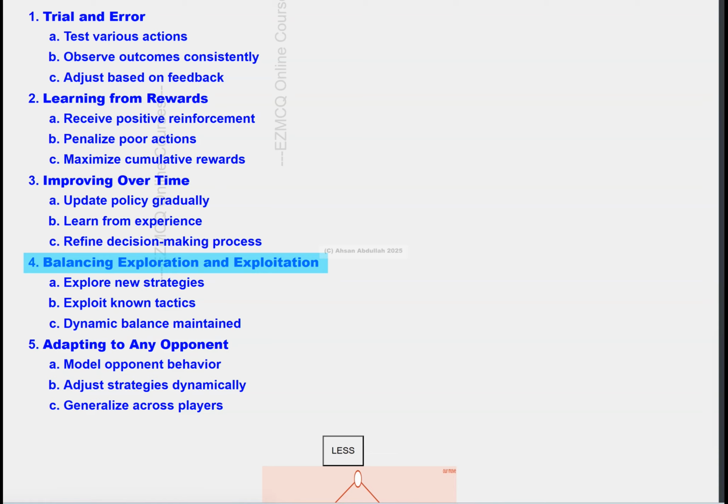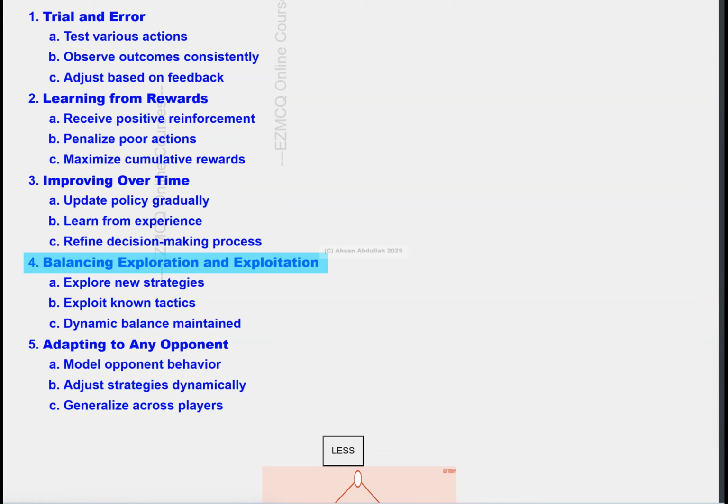Obviously exploration helps discover new tactics, while exploitation leverages the best known strategies. But there has to be a trade-off. Effective algorithms dynamically manage this trade-off, and that facilitates comprehensive learning. And when the learning is comprehensive, the performance is efficient.